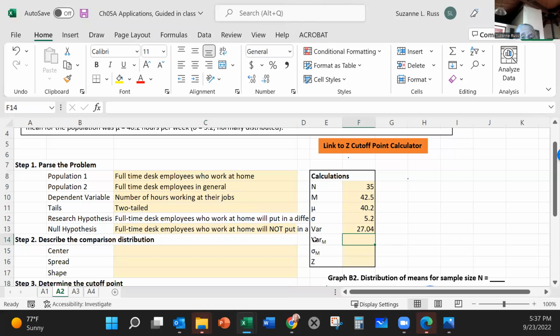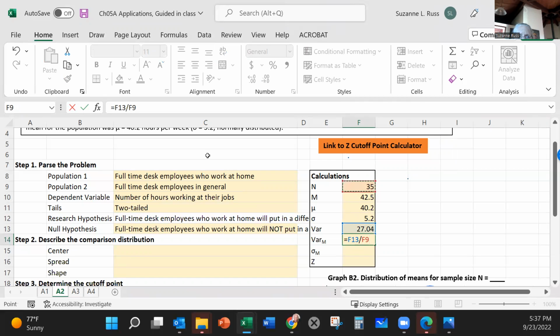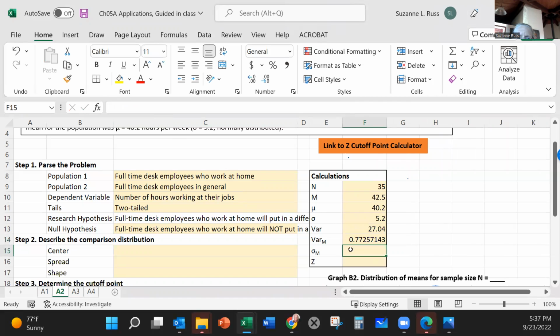I know that the formula for the variance for the distribution of means is variance divided by n. So we'll type equals, click on variance, and divide by the number in the sample. Hit enter. And then I simply need to take the square root of the variance to get the standard deviation for the distribution of means.